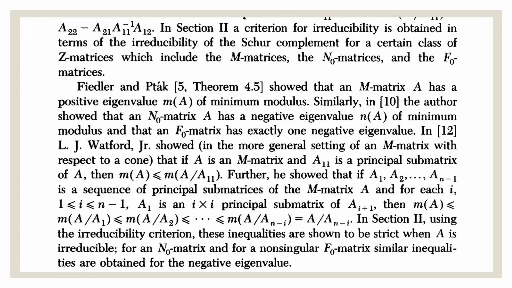In Section 2, a criterion of irreducibility is obtained in terms of the irreducibility of the Schur complement for a certain class of Z-matrices, which includes the M-matrix, the N0 matrix, and the F0 matrix. Fiedler and Pták showed that an M-matrix has a positive eigenvalue m(A) of minimum modulus.